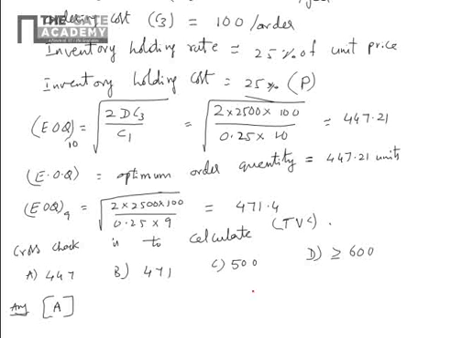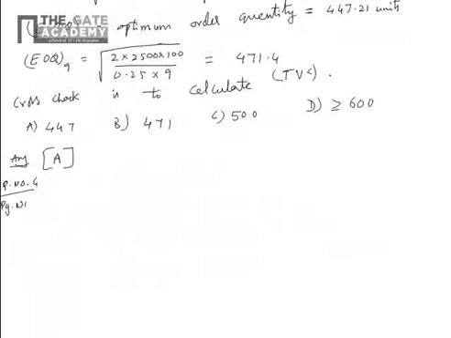So next question is question number 4, page number 43, GATE 2008. A set of 5 jobs is to be processed on a single machine. The processing time is given below. The holding cost for each job is K per day.